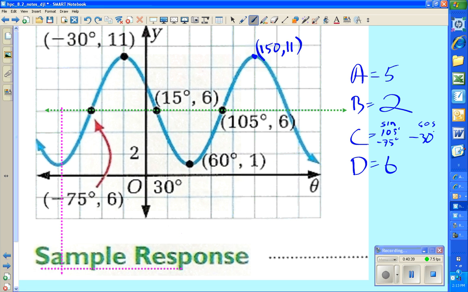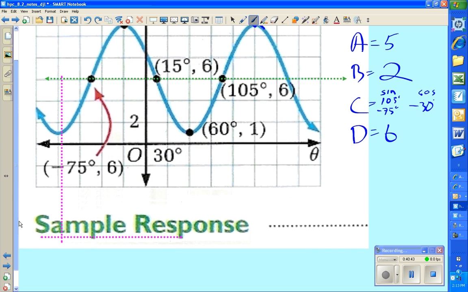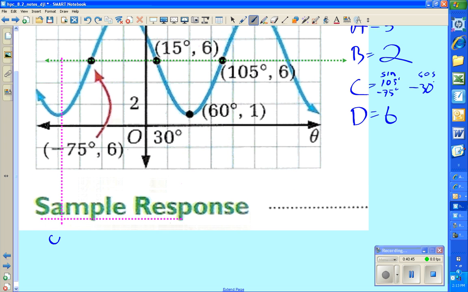So that means we have multiple choice answers that we can give. We could say y is equal to 5 times the sine of 2 times x minus 105, plus 6.